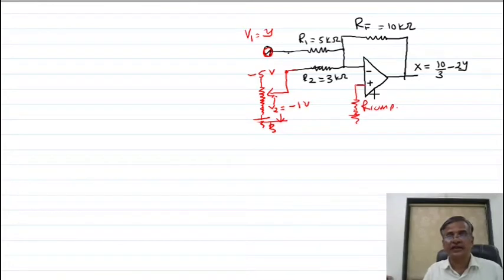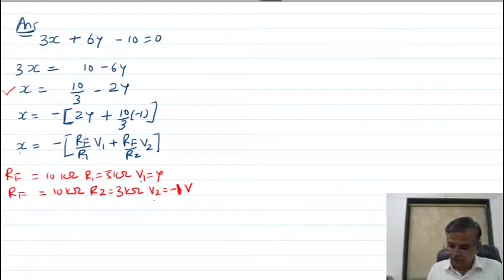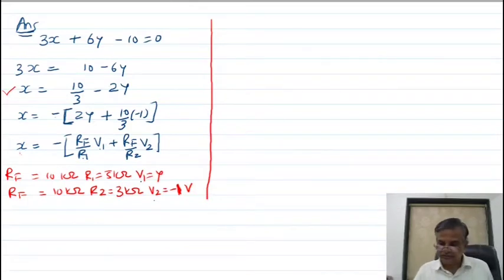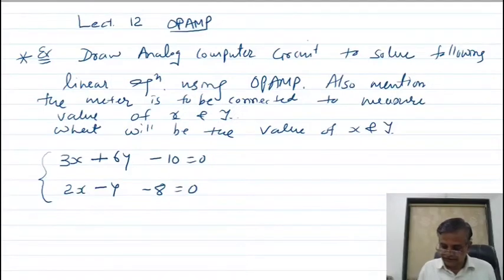Now for the second one. Look here, I am showing you the second equation. The second is 2x minus y minus 8 is 0.